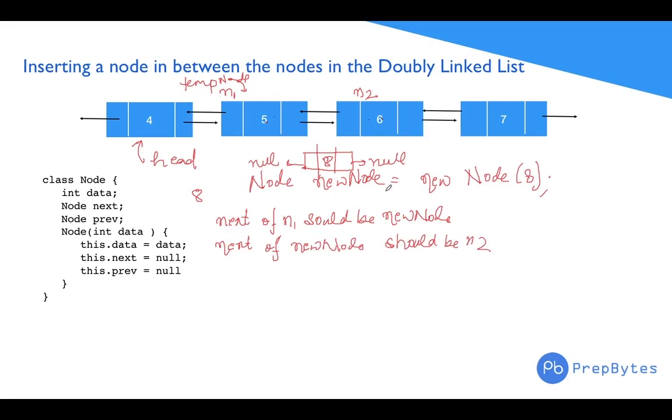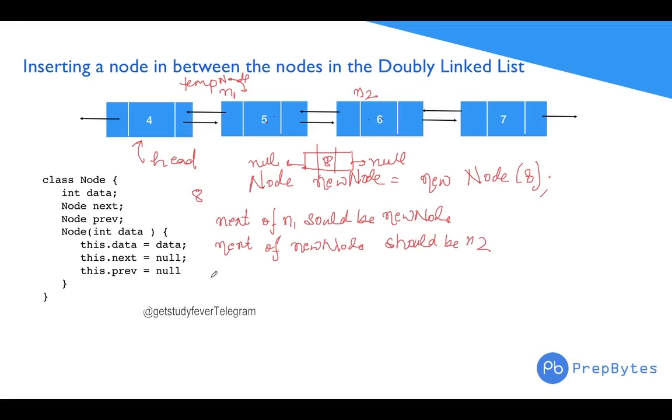We have done this, but here we have just updated next. We also have to update our prev. Do we need to make any changes in the prev of N1? No, prev of N1 need not change. Do we need to change prev of this particular node? Yes, we do.